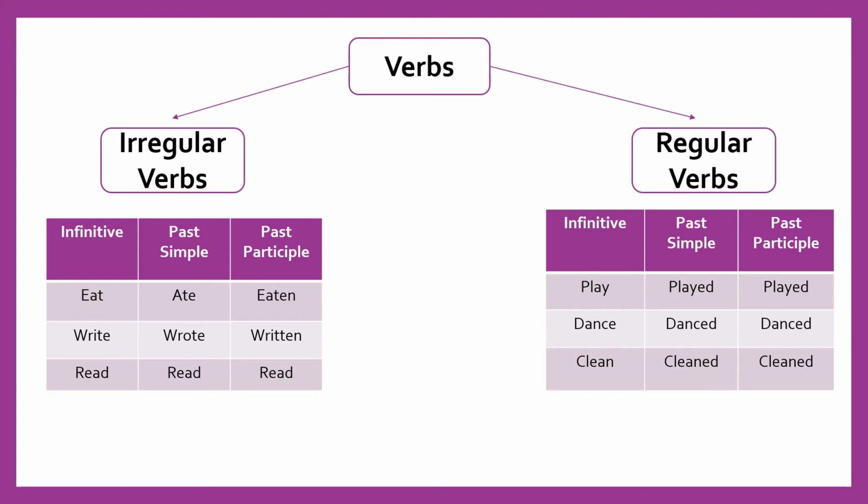Dance, danced, and danced, and finally clean, cleaned, and cleaned. So, to make it simple, para hacerlo más fácil, we know that the past simple and the past participle is the same in the regular verbs. Sabemos que en los verbos regulares, el pasado simple y el pasado participio es el mismo.